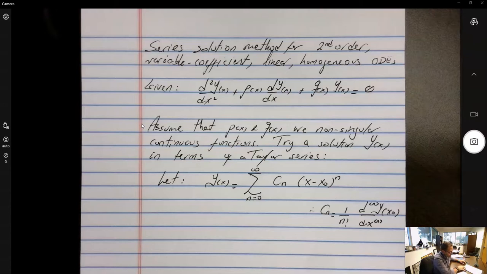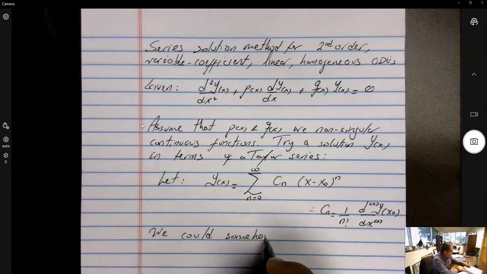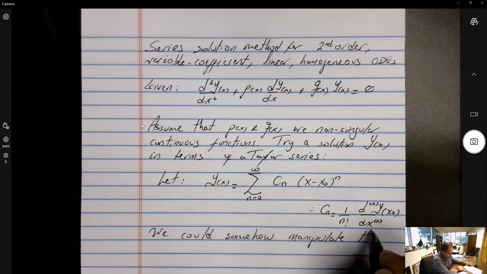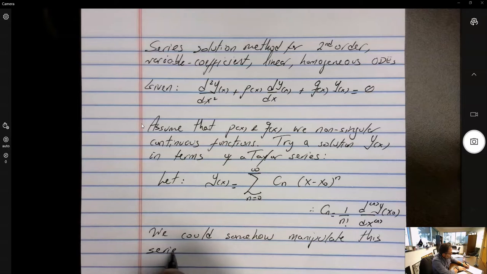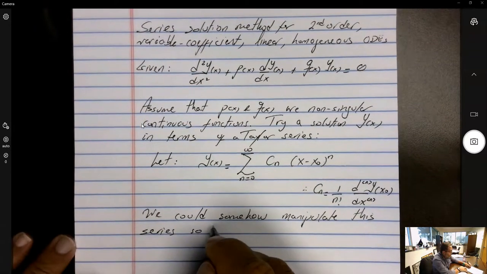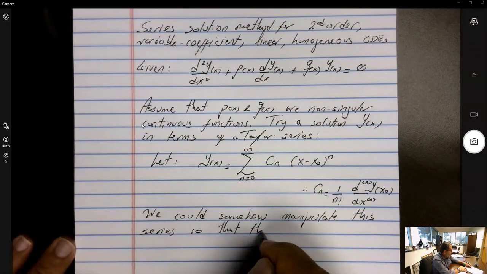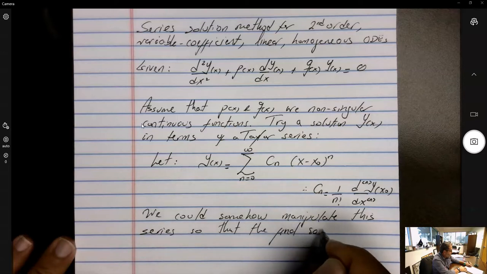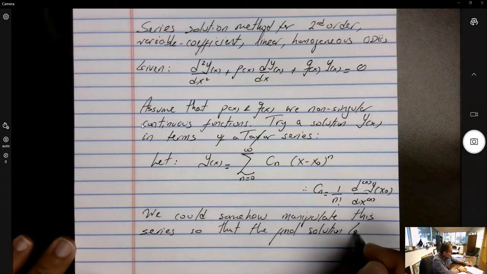So we could somehow manipulate these series so that the final solution looks like the following.